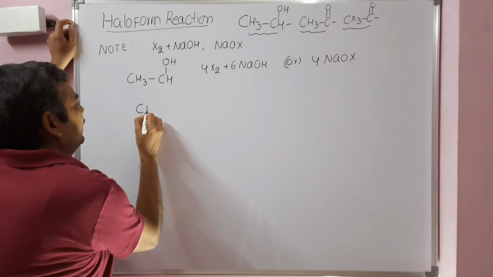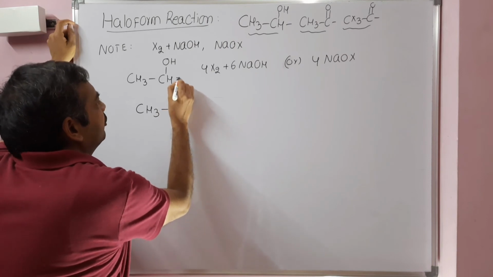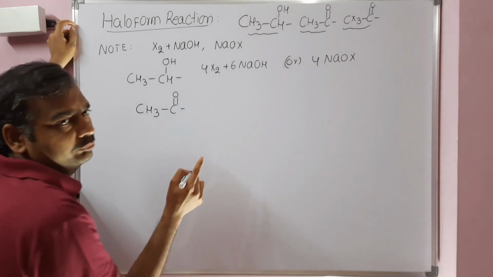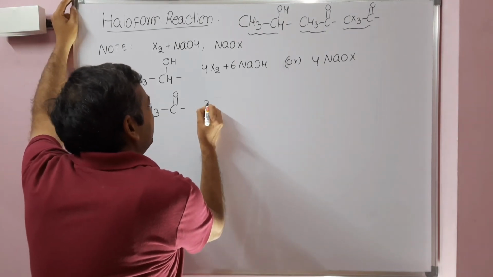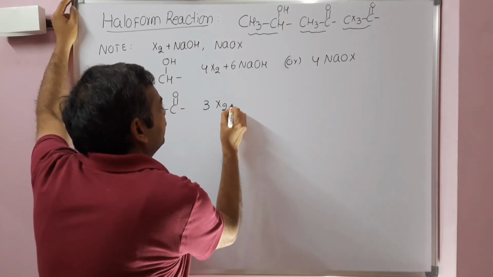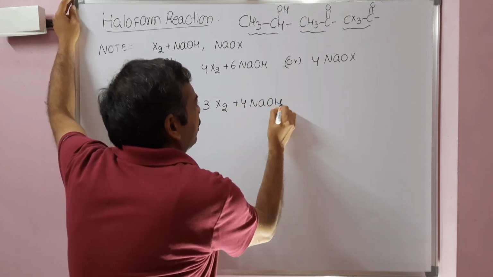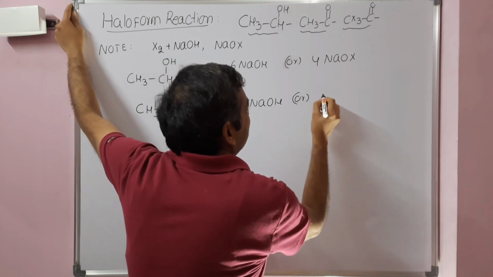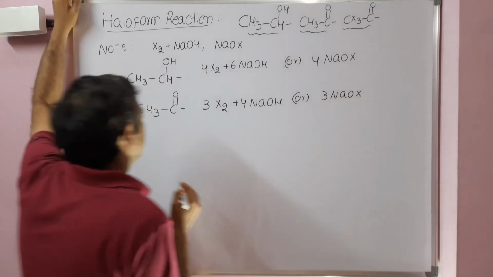If it is a keto compound, or aldehyde or keto, either aldehyde or keto, it needs 3 moles of X2 plus 4 moles of sodium hydroxide or 3 moles of sodium hypohalite.